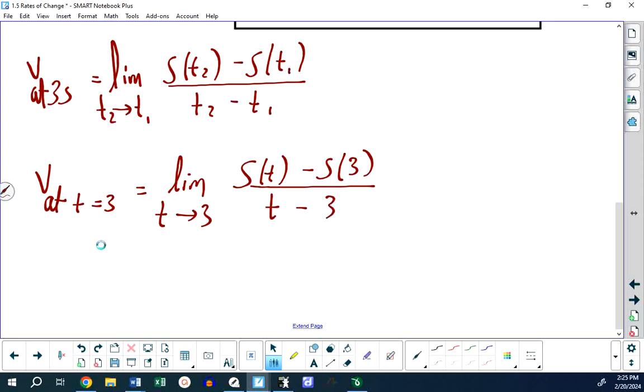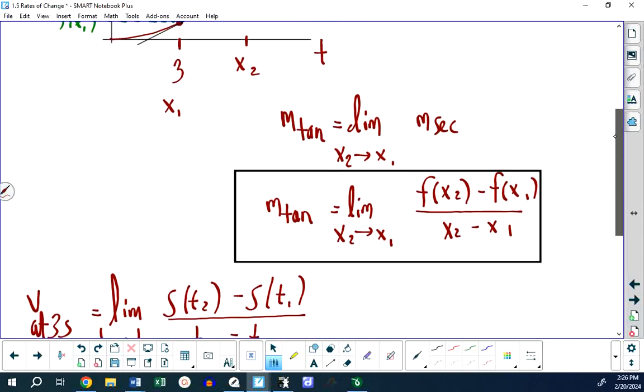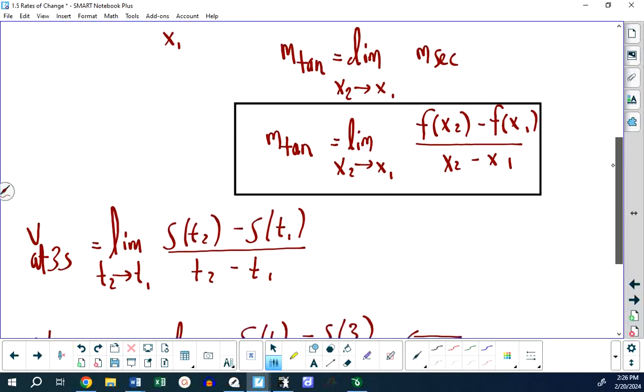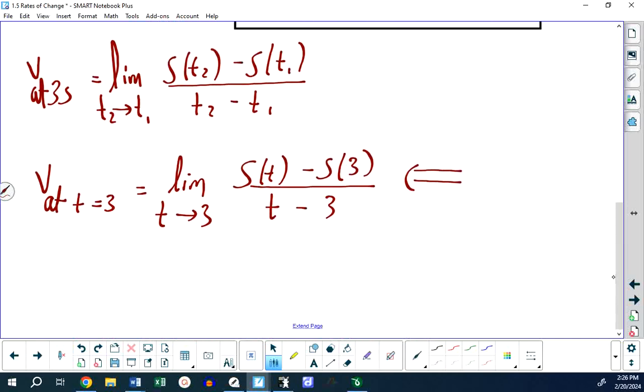I don't always point this out, and sometimes people don't even realize it, but this is the x approaching a formula, right? That's what's going on here. All this stuff with x1 and x2 and t1 and t2 is just a general idea that you need to get in your brain so that you can build this limit to answer the question.